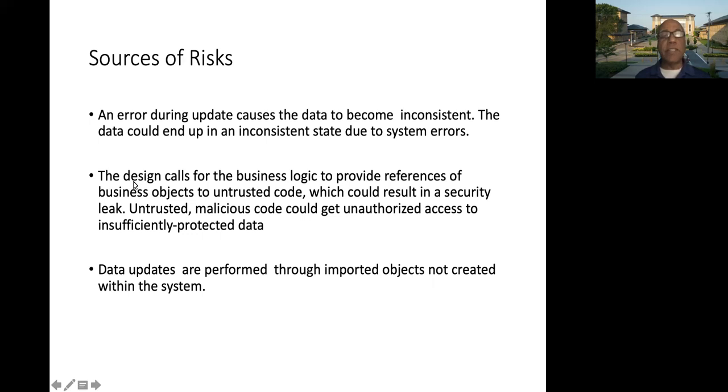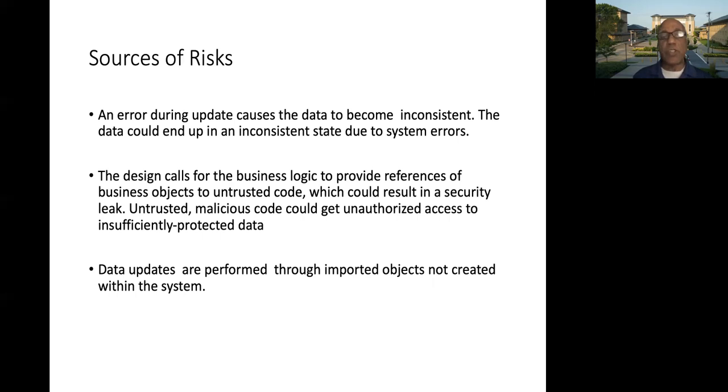Or it could be that in the design, we ship objects, references to objects, to code that is not quite trusted. As an example, in the library system, we could imagine that the user interface could be developed by a third party, and the third party could provide bad code, either intentionally or because the code itself was not constructed properly.